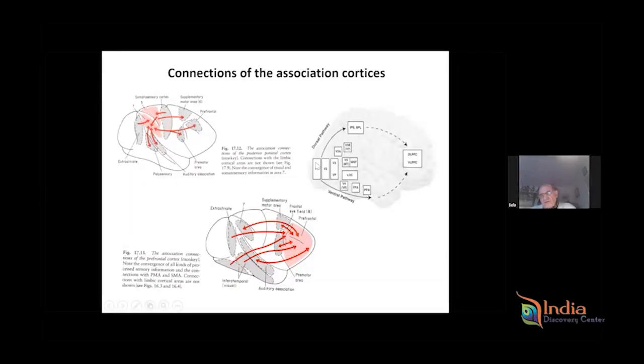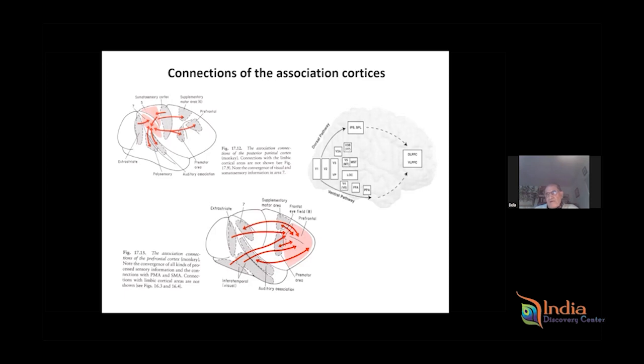So not only the primary visual cortex processes some visual information, but there are also supplemental, additional helping visual cortical areas, the secondary, tertiary, quaternary visual areas, which are processing the different information.